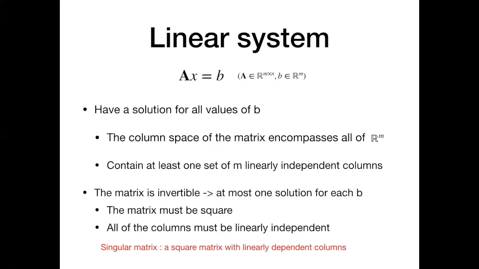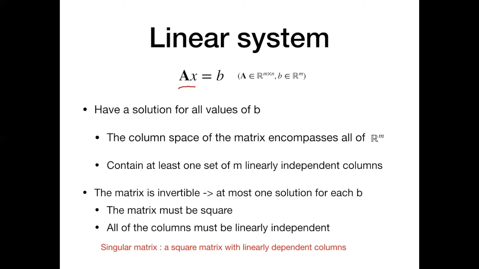Now with the new concepts and tools, we understand that the matrix vector product AX is actually a linear combination of the column vectors in the matrix A. And it also represents a point in the column space of the matrix. Therefore, if we want this equation to have a solution for all values of B, we should guarantee that the column space of the matrix encompasses all of R^m space.